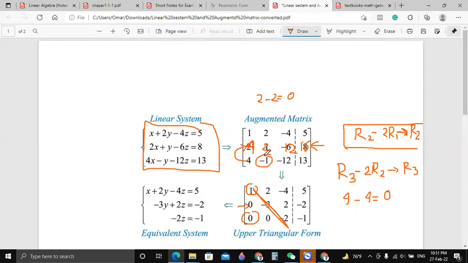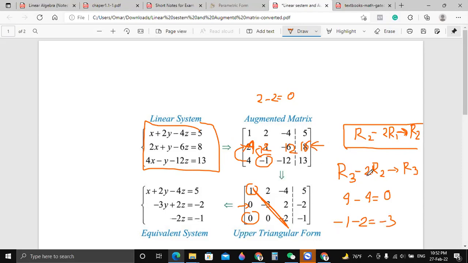Then minus 1 minus 2, that is minus 3. So where is minus 3?